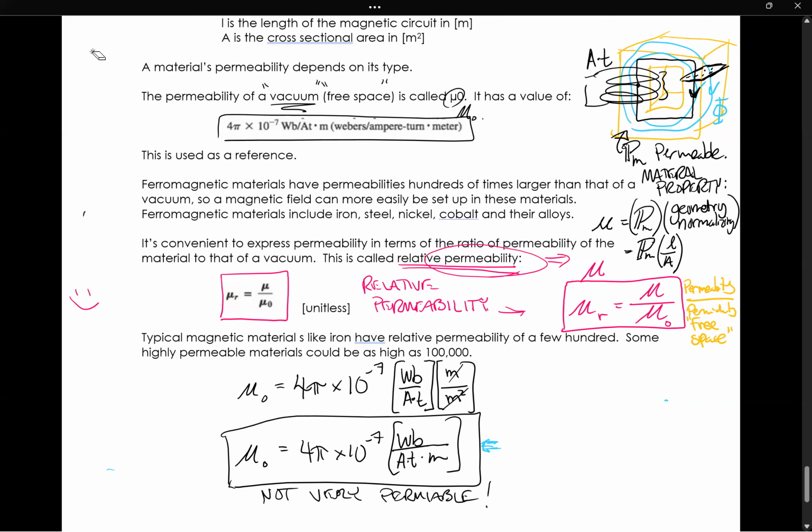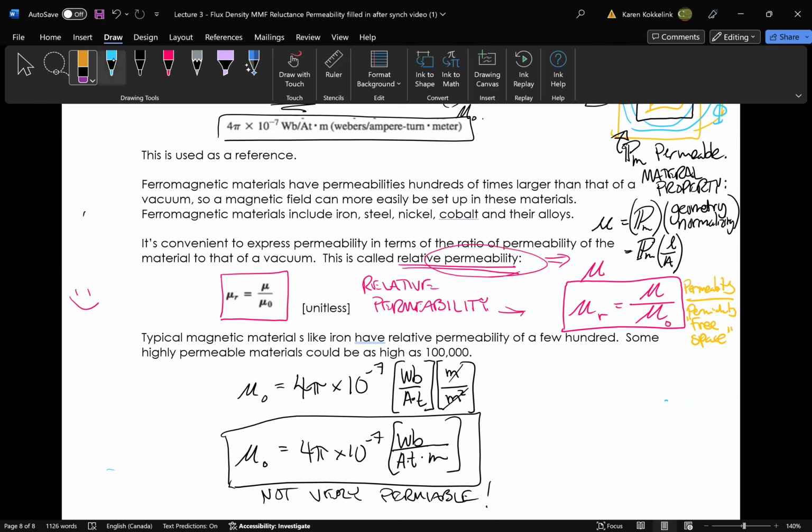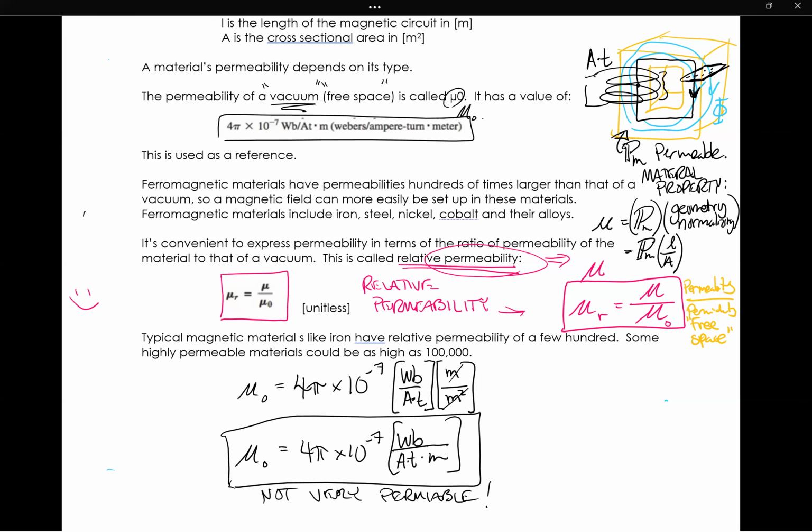Now, I'd also like to say that we can assume that the permeability of brass equals the permeability of plastic equals the permeability of air equals the permeability of cardboard, which seems kind of random, but it's not, because we have some devices that are made of cardboard or fiberboard. And we're going to assume that all of these are equal to that of free space.